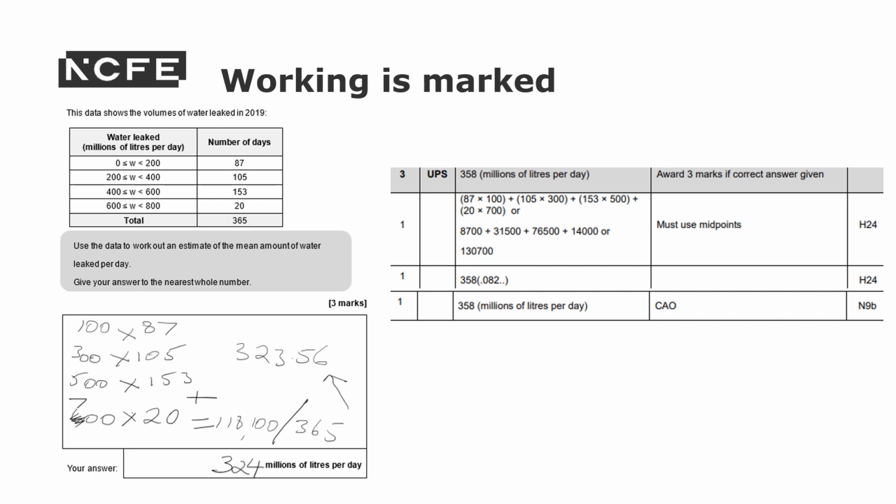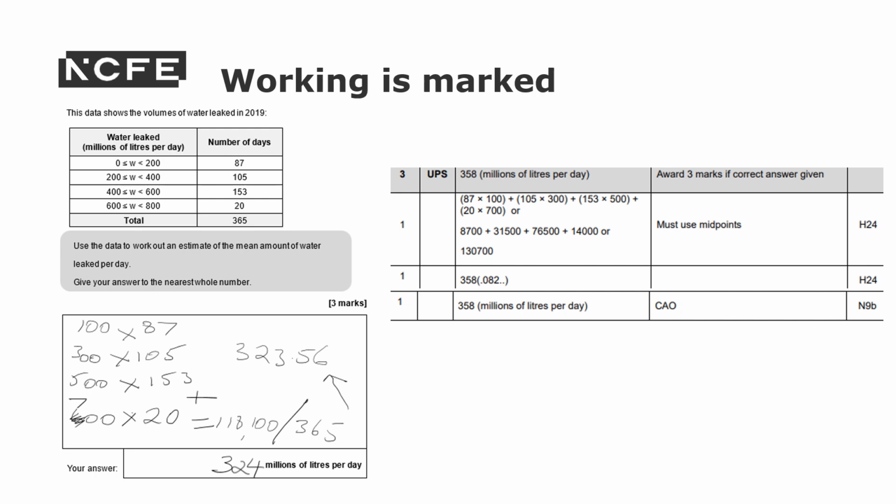For the first mark, it tells us that you can give a mark if they have done the calculations that the learner's done: 100 times 87, 300 times 105, 500 times 153, and 700 times 20. So they have found the midpoints, they've multiplied that by the number of days. Unfortunately, somewhere along the line, they have added it up incorrectly.